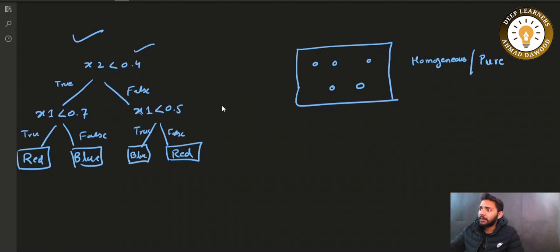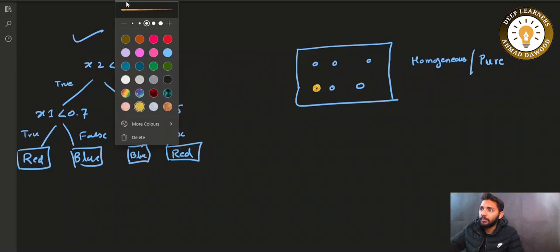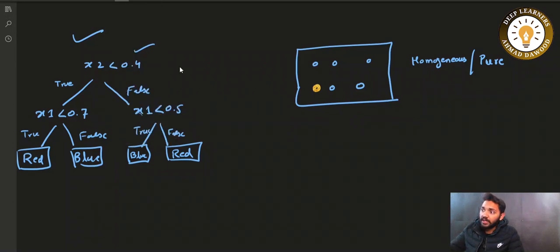Let's say there is another point belonging to the yellow color. We can say now it is not fully pure.